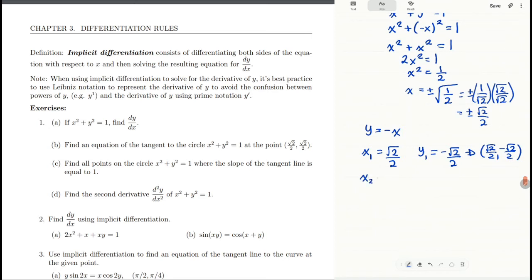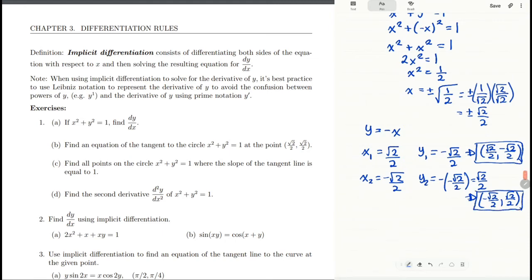And our second x coordinate is the negative of root 2 over 2. And its y coordinate will be the negative of negative root 2 over 2, which is positive root 2 over 2. And so this tells us that our other point is going to be negative root 2 over 2, comma, positive root 2 over 2. And so these are the points on the circle where the tangent line is equal to 1.